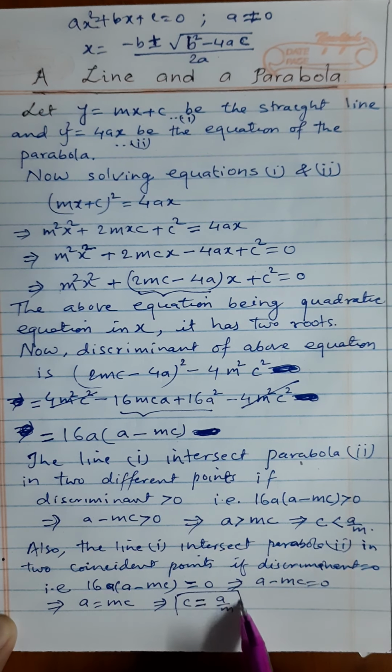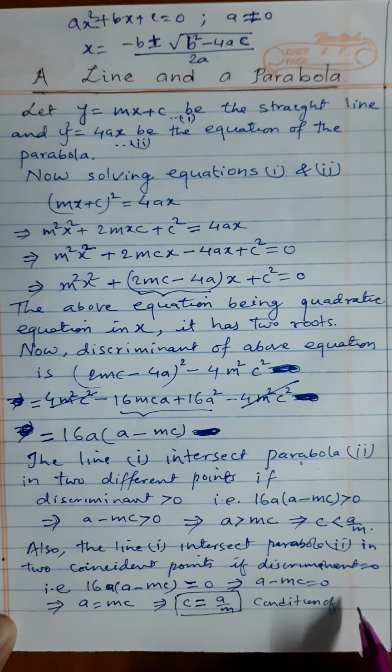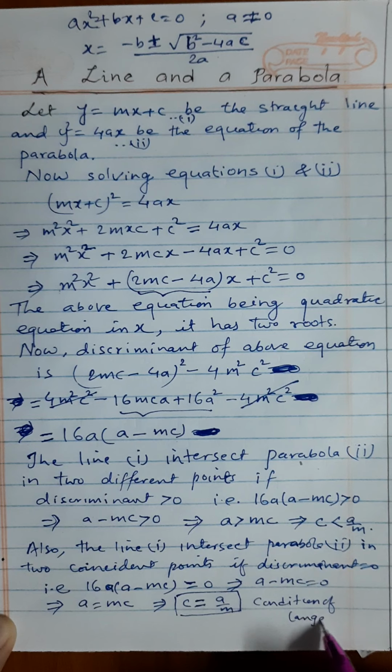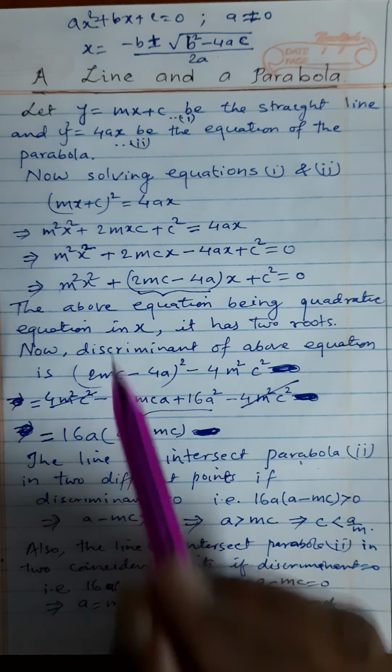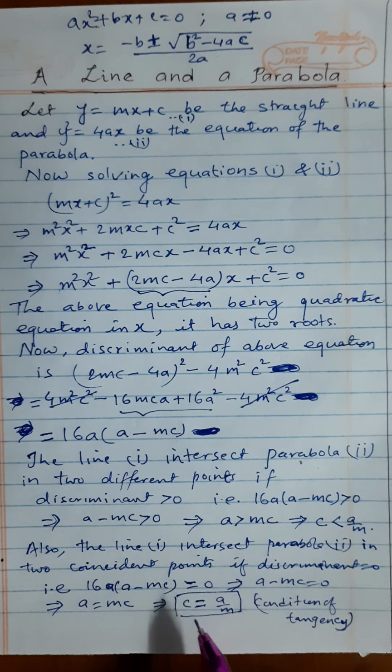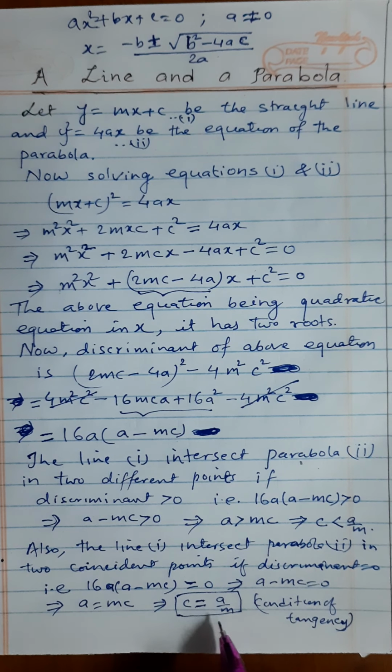This is also known as the condition of tangency. Line 1 intersects the parabola 2 in two coincident points, or touches the parabola 2, if the discriminant equals 0, and from this we get the condition of tangency as well.